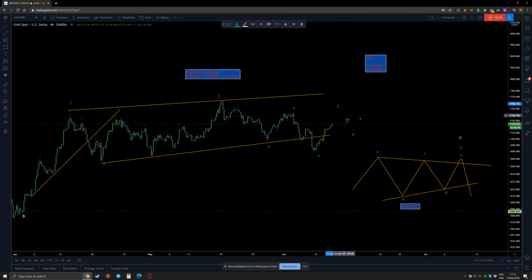Look, let's do it together. So we have X, we have A, then we have a B. The market will still move around this, and then this can happen too.